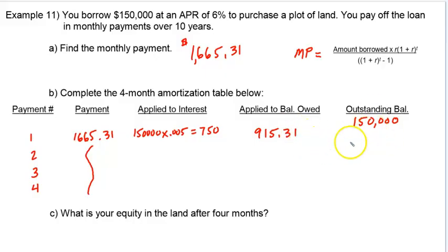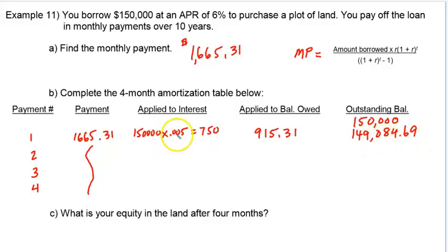And then the new outstanding balance will be the $150,000 minus $915.31. That is $149,084.69.